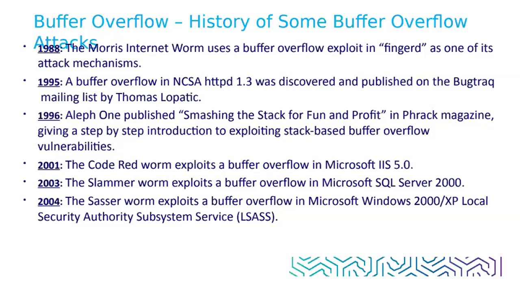Unlike many worms, Slammer spread extremely quickly because it existed entirely in memory and continuously scanned for vulnerable servers. In 2004, the Sasser worm exploited a buffer overflow in Microsoft Windows 2000 and XP. Unlike many earlier worms, Sasser spread without requiring users to open email attachments.